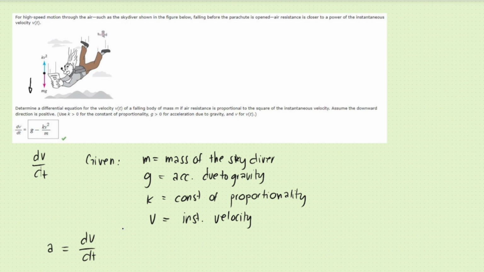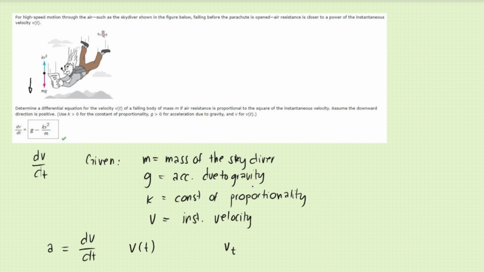Not only are we going to look for that one, but we're also going to look for v of t. I'm also going to introduce the terminal velocity. Terminal velocity is when the acceleration goes to 0. When your falling body does not accelerate, that's when you reach terminal velocity.